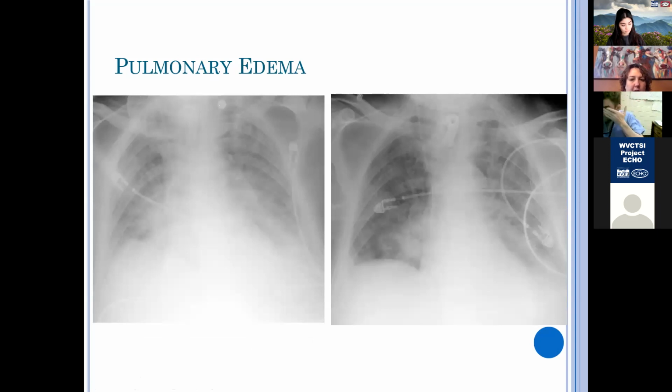And again, sometimes it's hard to tell, is this an overpenetrated film? Looking, you can see your ribs, you can see your trachea up at the top, and then everything tends to get a little bit darker here. So I think this film is penetrated appropriately. It's just that these patients are full of fluid.